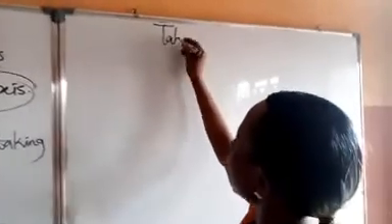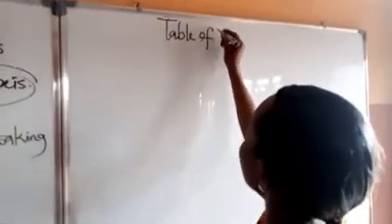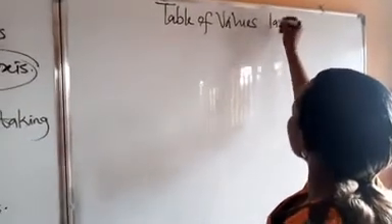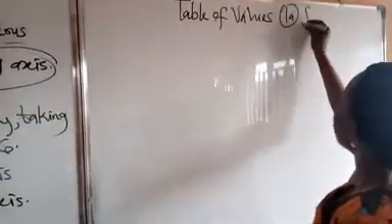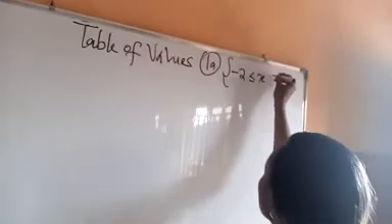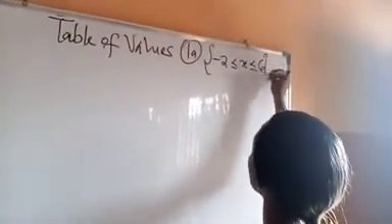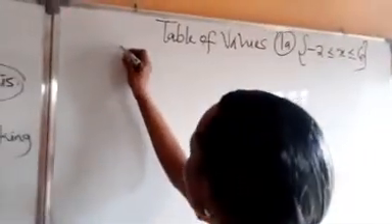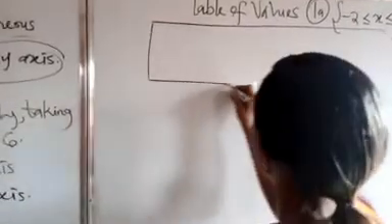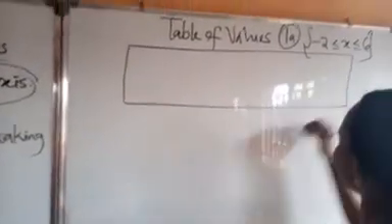Table of values for 1a. Remember, we are given values of x from -2 to 6. So I have the table for 1.